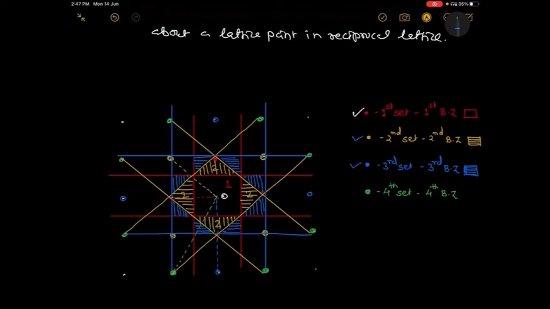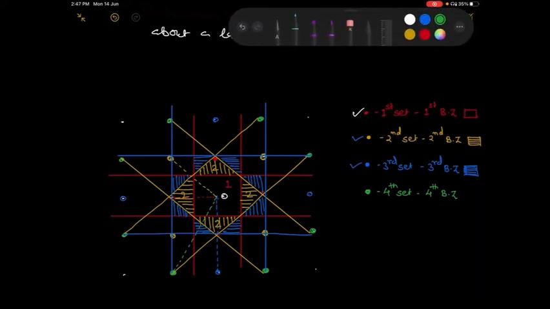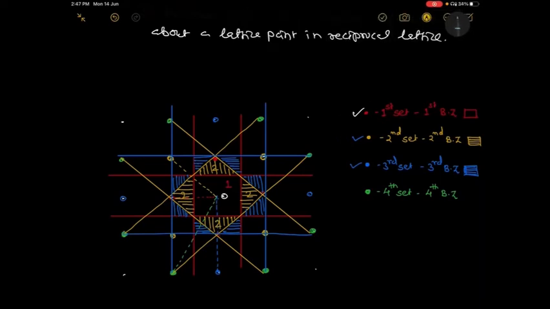That fourth Brillouin zone we draw using these green points. These are the fourth set, and that fourth set forms the fourth Brillouin zone.